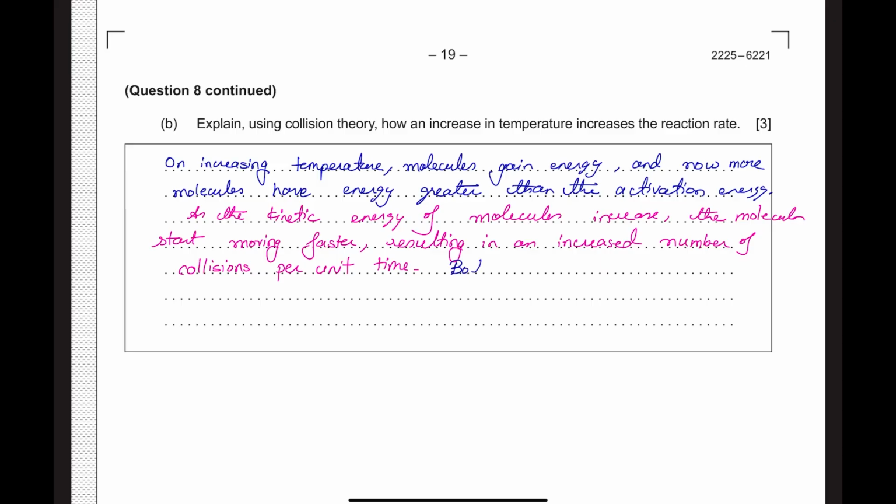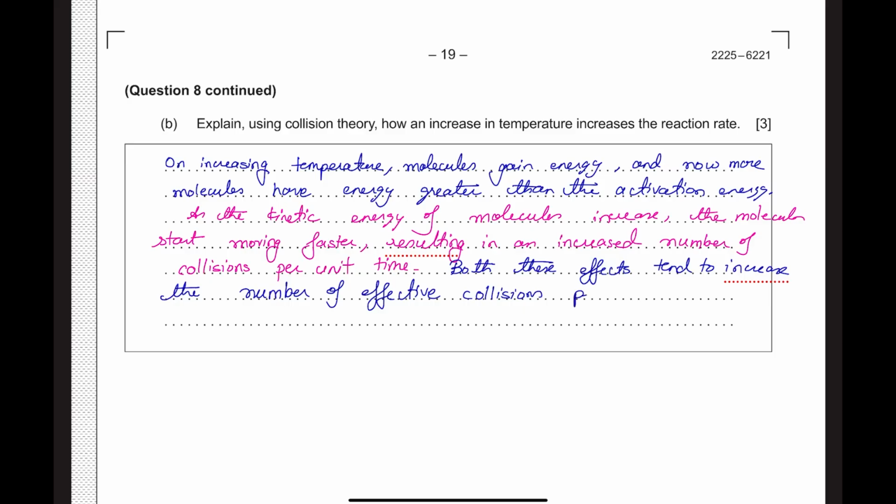Now, both these effects tend to increase the number of effective collisions per unit time, increasing the reaction rate.